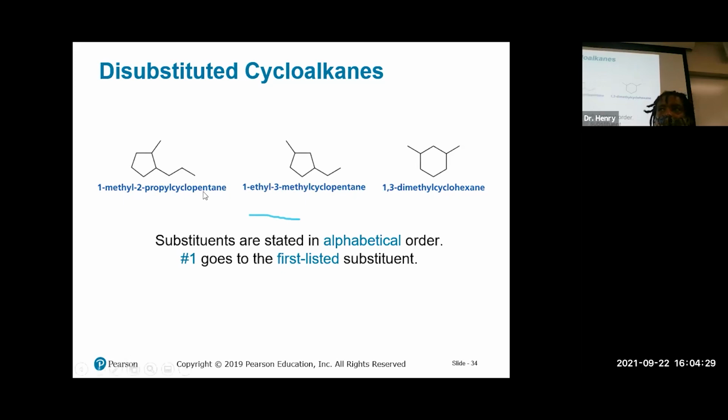So alphabetical: methyl comes before propyl, so methyl becomes the 1, then the propyl would be the next number, 2. Ethyl comes before methyl, because ethyl is an E, methyl is an M, so ethyl becomes 1, and methyl becomes 3.